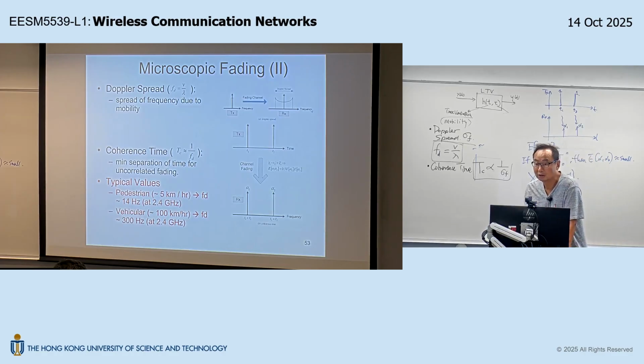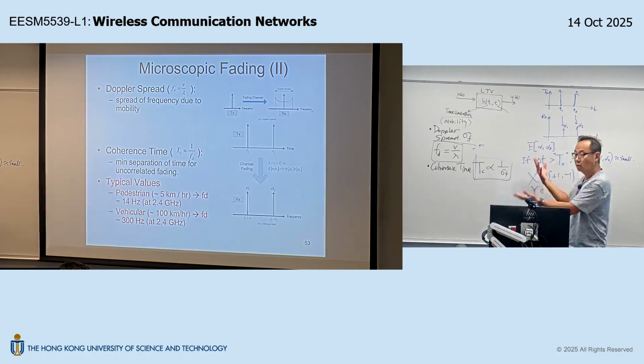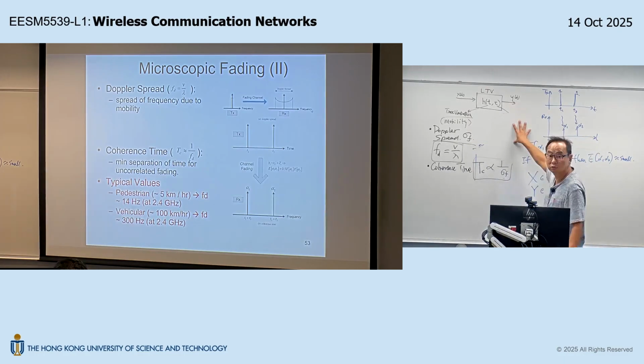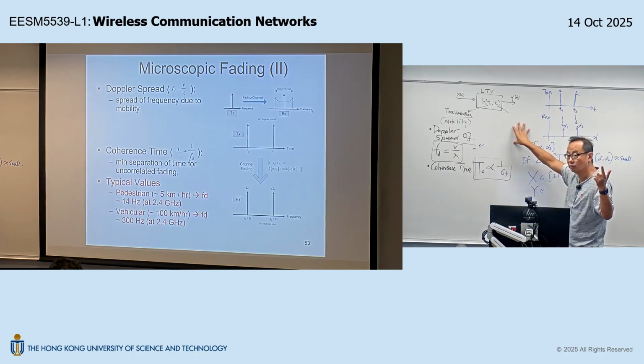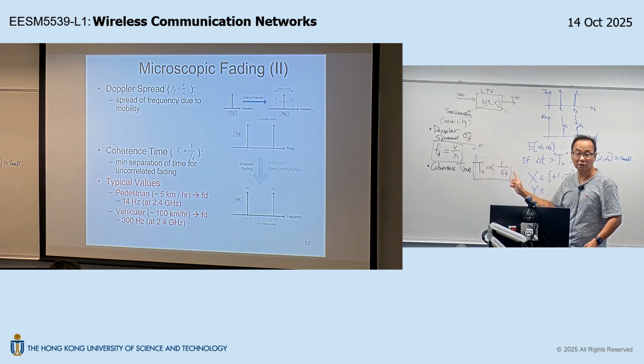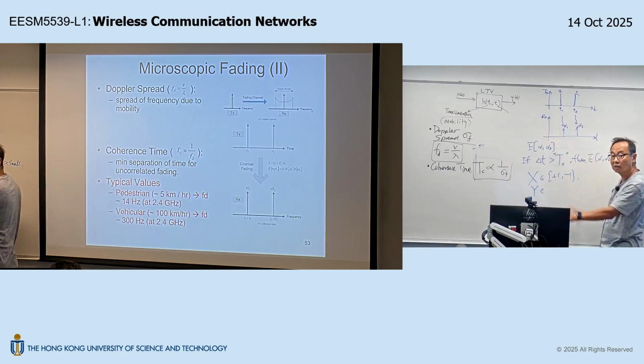So with these two dimensions, for each dimension we introduce two parameters. For the multipath dimension, we talk about delay spread or coherence bandwidth. These two are related to each other. For the time variation dimension, we talk about Doppler spread or coherence time. Again, these two are related to each other. Altogether, we have these two independent dimensions.